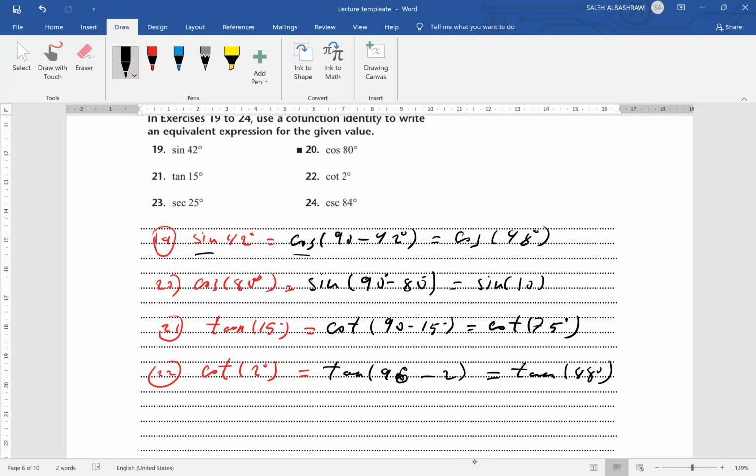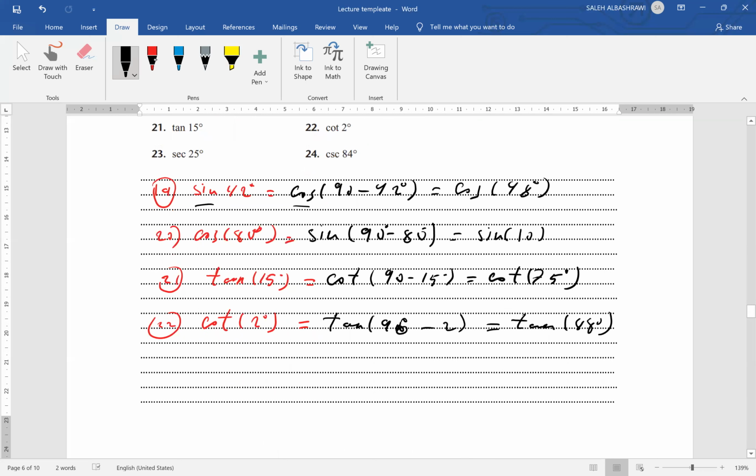Number 23: secant of 25 is equivalent to cosecant of 90 minus 25 degrees. That will give me cosecant of 65.